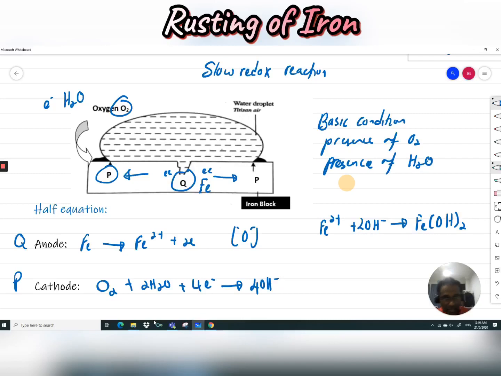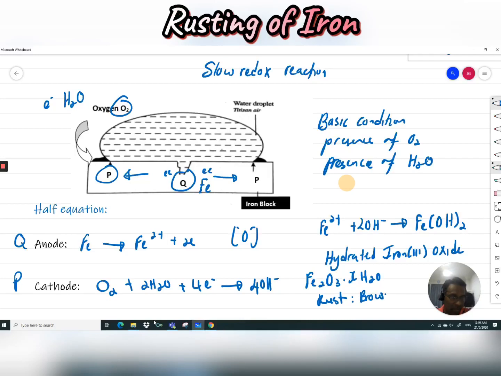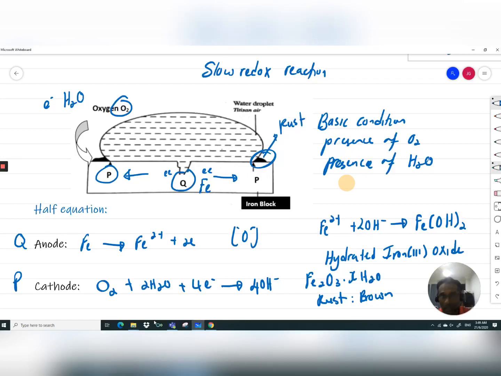This iron 2 hydroxide will further oxidize and form hydrated iron 3 oxide. The formula will be Fe2O3.xH2O. This is known as rust, and the color of the rust is brown. That's all. Thank you very much.